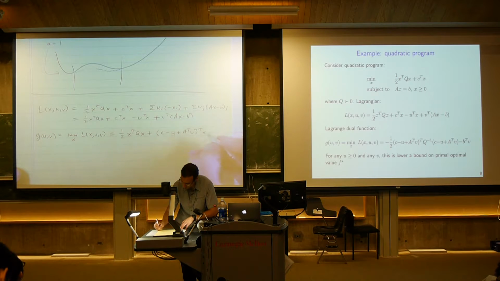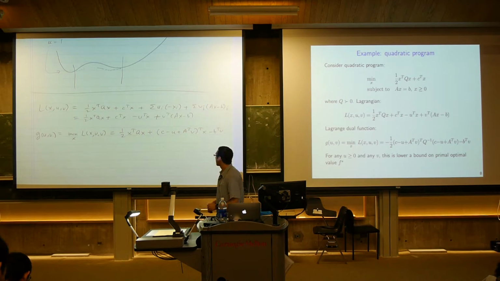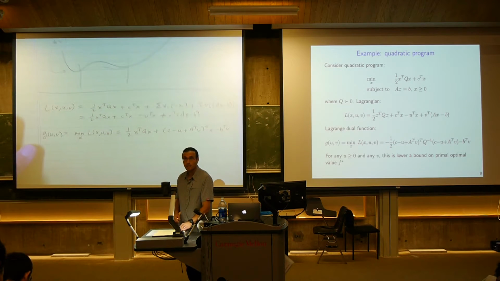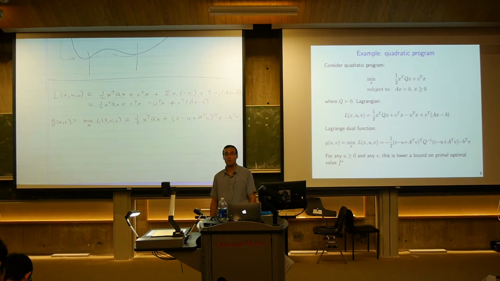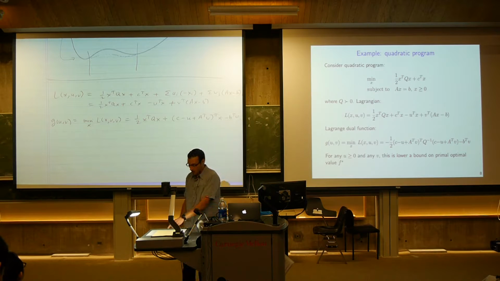And then there's just this term minus b transpose v. Okay, so what's the minimum of this over all x? How would you figure that out? I think I heard the suggestion: just take the gradient, set it equal to 0, which we can do.